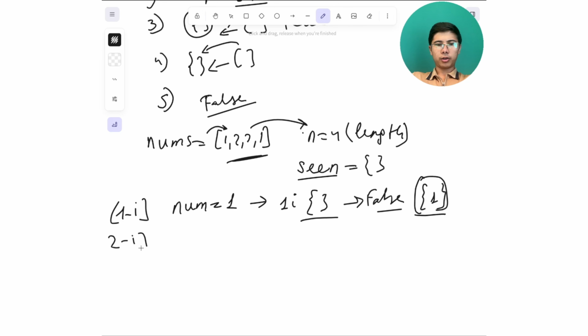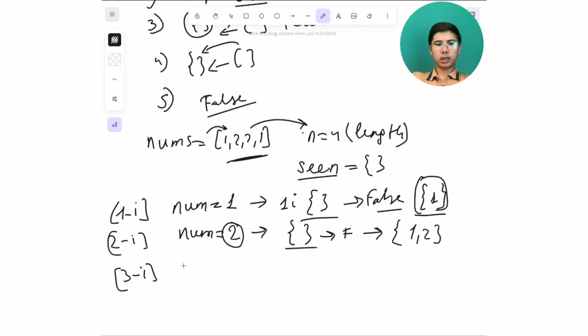In the second iteration, we get the second element, which is 2, and we check whether 2 is in the set. The answer is no, so false, and then we insert it, so the set has 1 and 2. In the third iteration, the next element is 3.